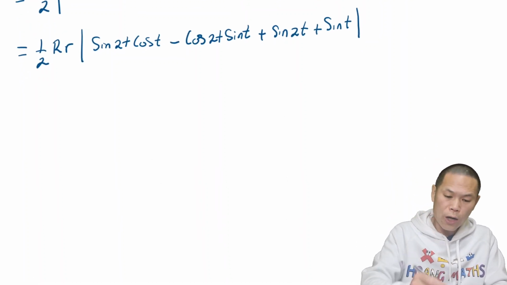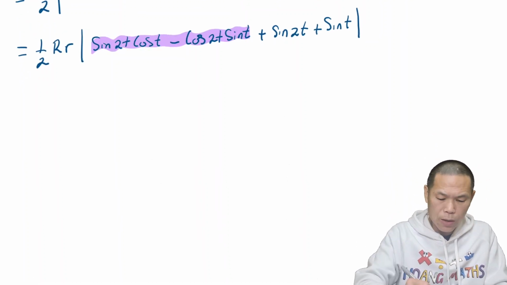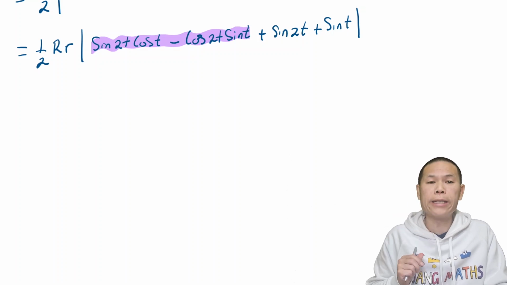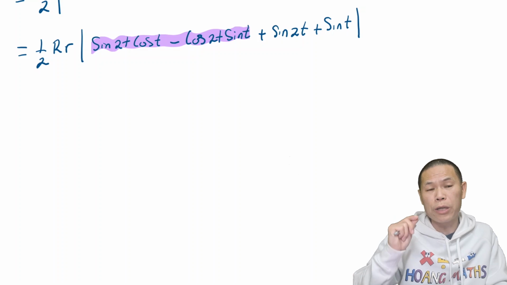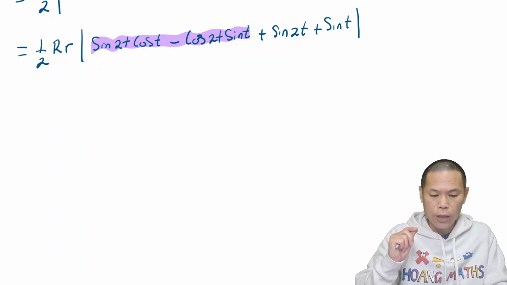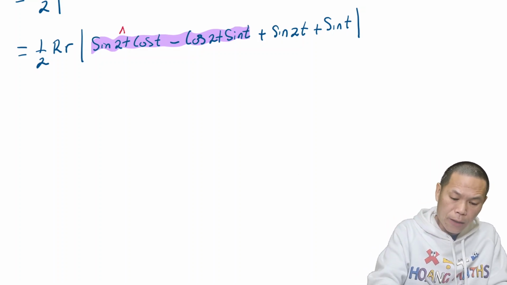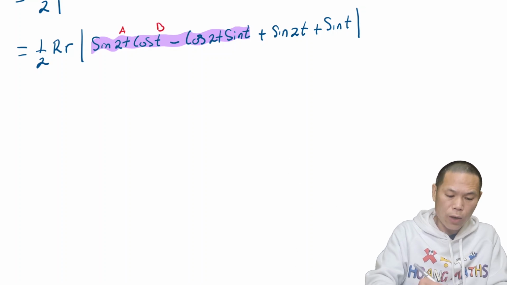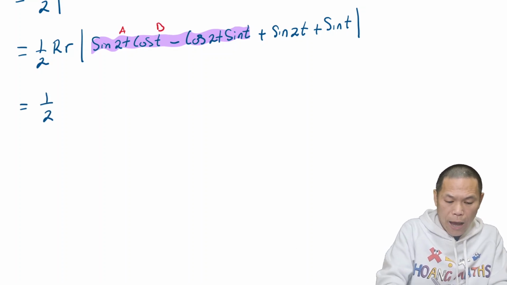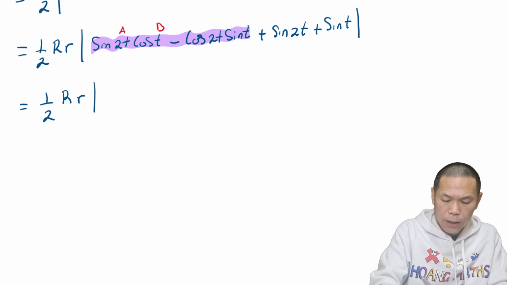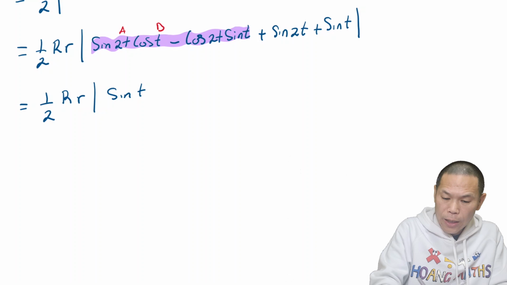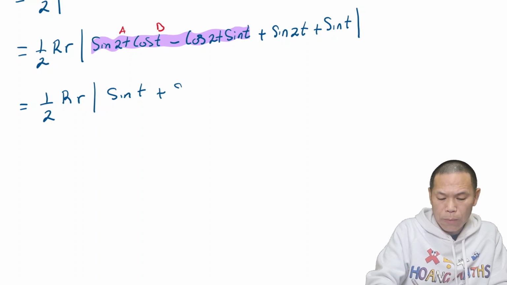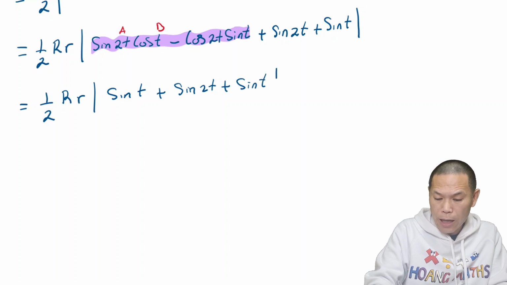Now I look at these two terms here, and this one is one of the trig identities: sine of a minus b is sine a cos b minus cos a sine b. So this is a and this is b. So that will give me half R r sine of 2t minus t, which becomes sine t. And we just copy the other one down: sine of 2t plus sine t, absolute value.